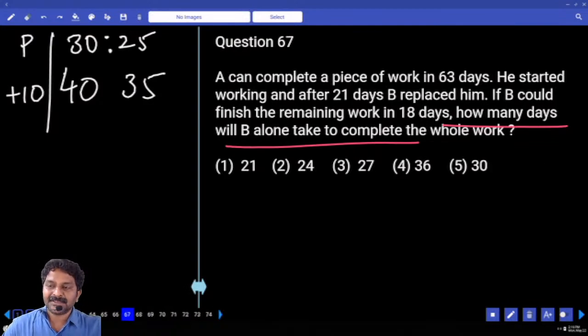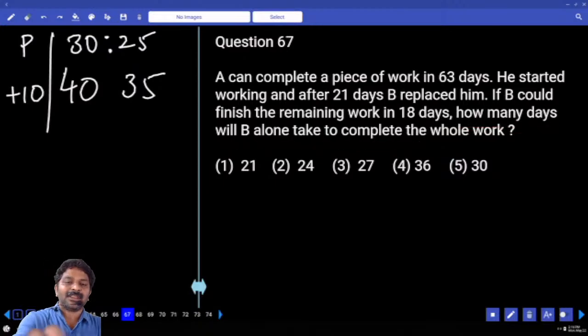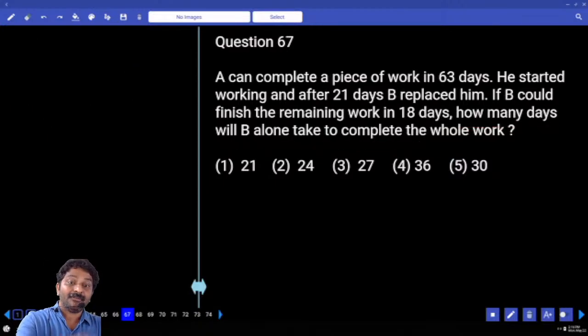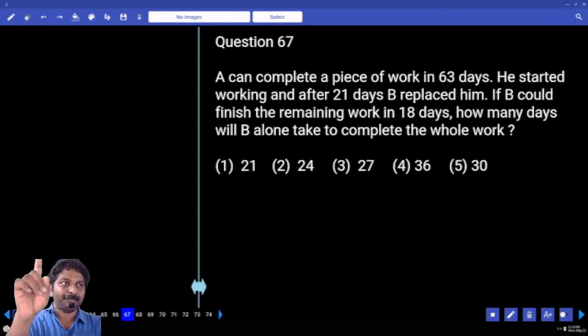A can complete a piece of work in 63 days. He started working and after 21 days B replaced him. If B could finish the remaining work in 18 days, how many days will B alone take to complete the whole work? Whole work in the sense total work, which is one work, 100% work, all are the same, right?